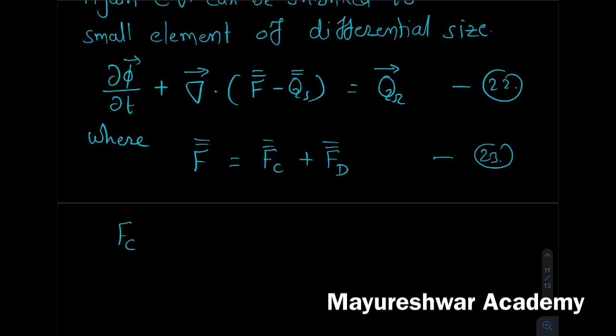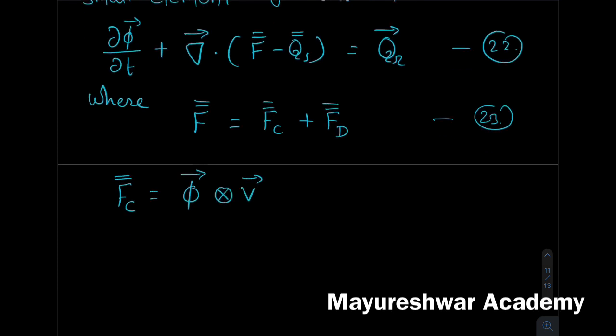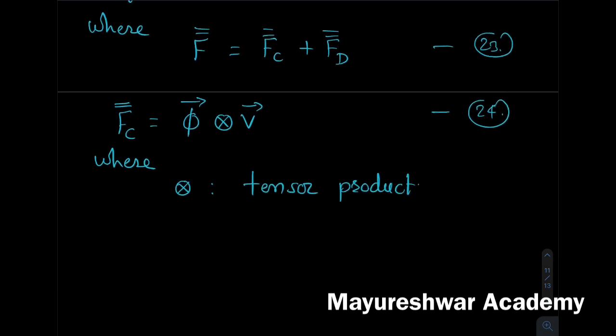So all are tensorial. The convective flux, which is a tensor, can be written as phi bar tensor product V bar. Remember, this circle cross is the symbol of tensor product. Let us call this 24.